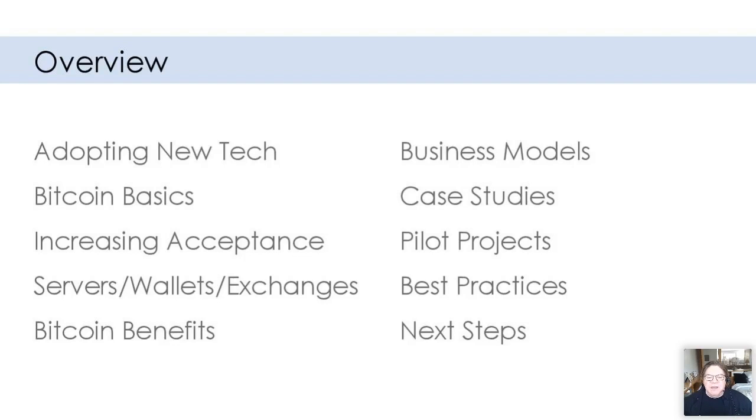If you have questions, we'll pause after that so I can explain what I didn't explain well the first time. Then I think the biggest thing is increasing acceptance. Bitcoin has increasingly been accepted as a legitimate store of value, currency, and unit of account. Those are the three roles.